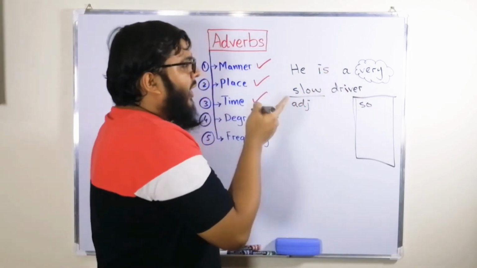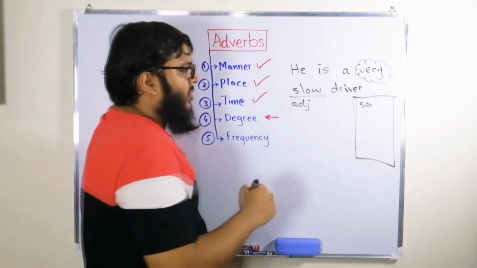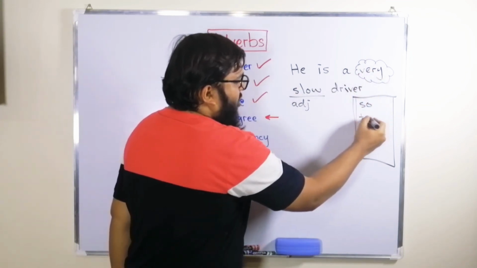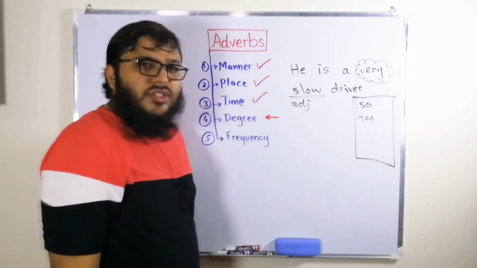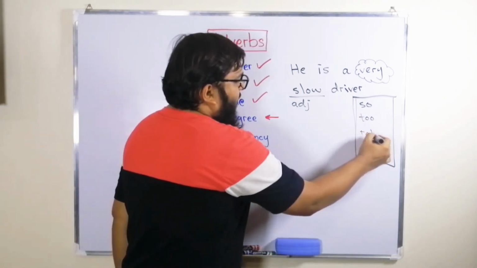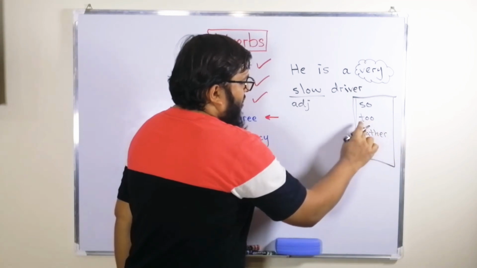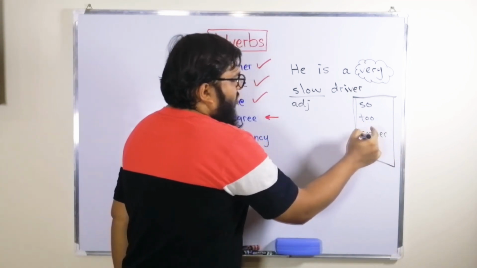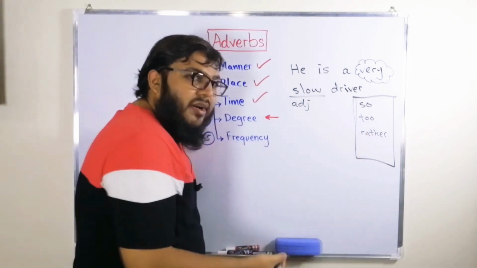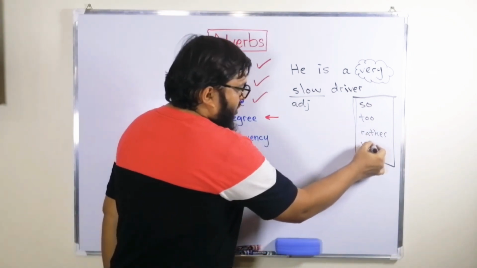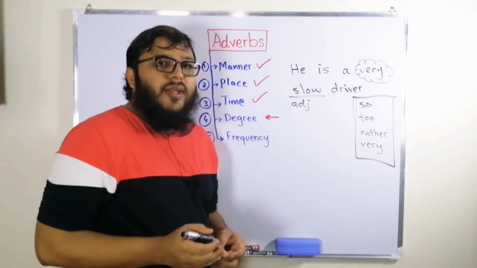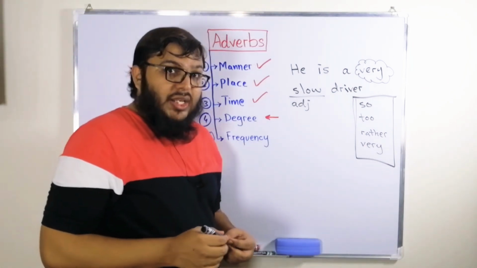He is so slow, right? So is also a degree adverb. He is too good. He is too slow. He is rather, so, too, slow, very. So all these words, when they are used before an adjective, we call them the degree adverbs.